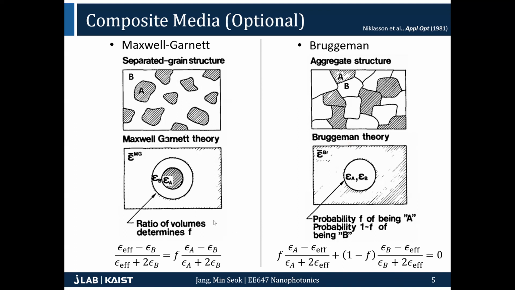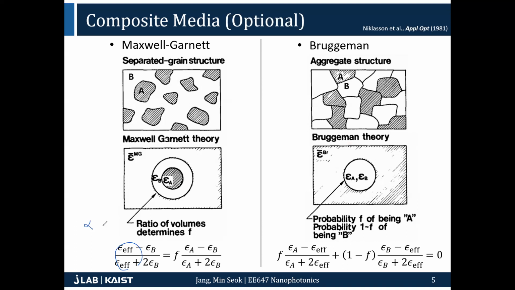But one thing you can realize is that in both cases, you see epsilon effective plus 2 epsilon background, epsilon effective minus epsilon background, which is very familiar to you because you saw this in the localized plasmon resonance case, right?